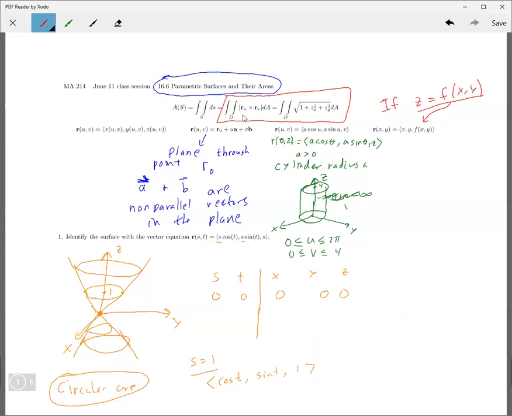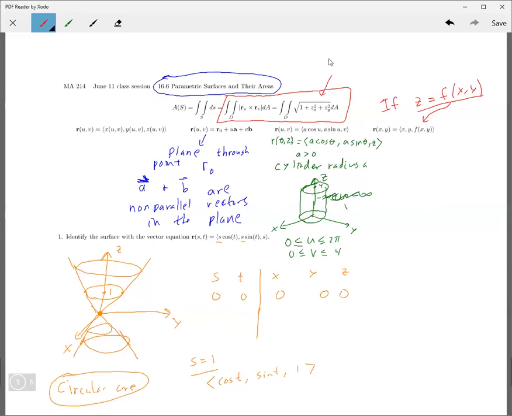This formula here is more general. Notice that it's the cross product of RU and RV, which we just did in the previous exercise. That's really great. So this is if you have it in parametric form.